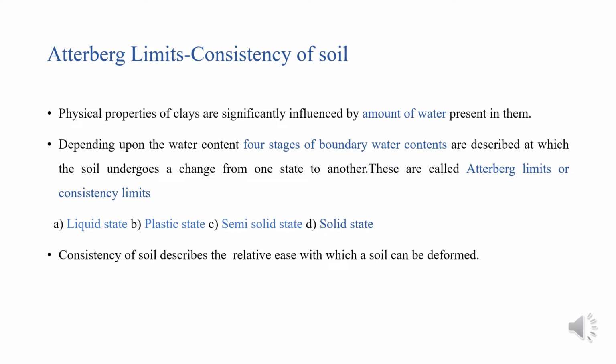These Atterberg limits define these 4 states of soil, or in other words, they tell us about the consistency of the soil. So what is consistency? Basically, it's a term used to describe the degree of firmness of a soil, or the relative ease with which a soil can be deformed.